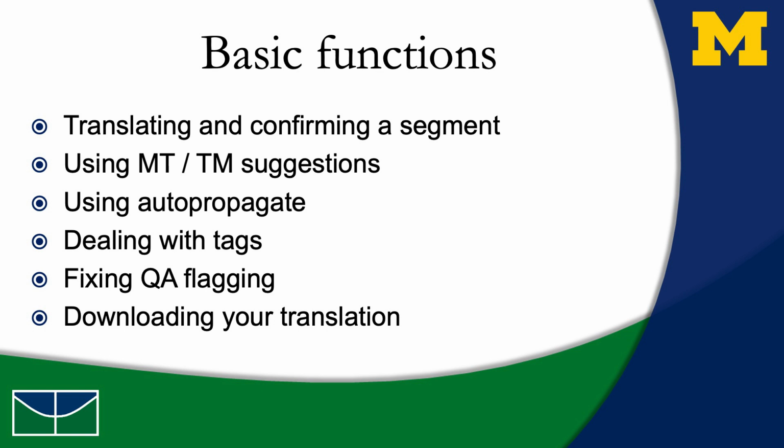I'm going to show you how to translate and confirm a segment. I'm going to show you how to use the machine translation and how to reuse some of the suggestions from the translation memory. There is also a function called auto-propagate that I'm going to show you how to use.